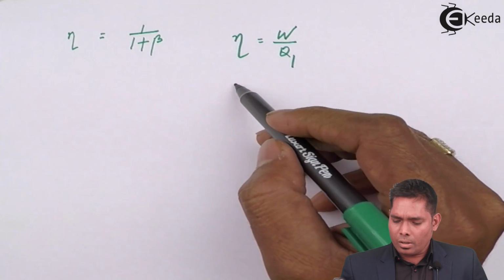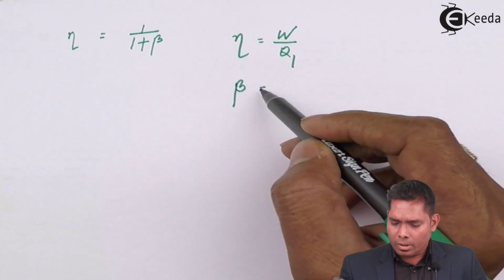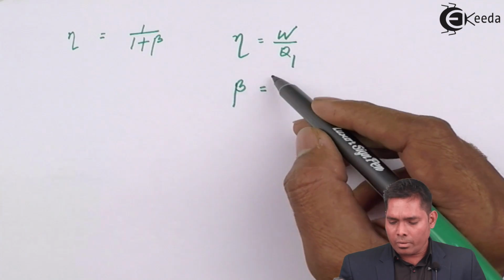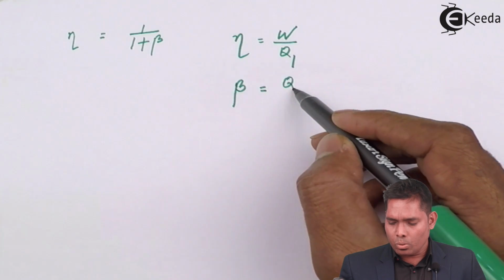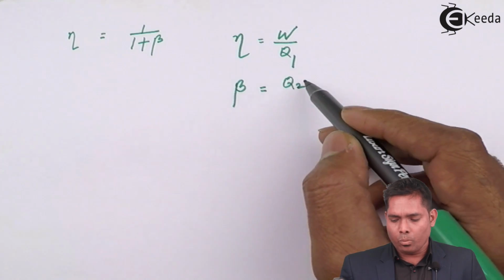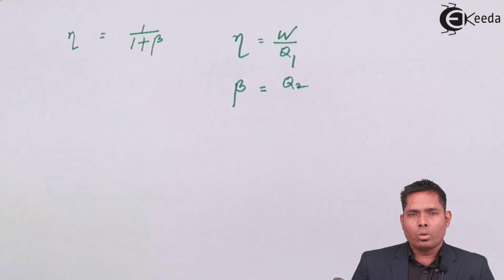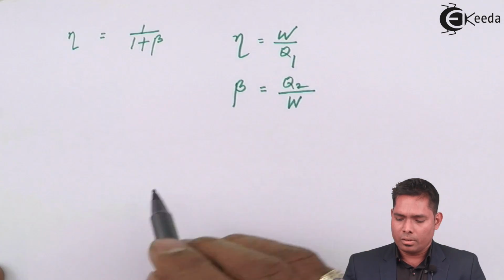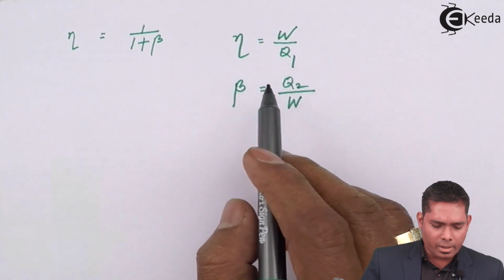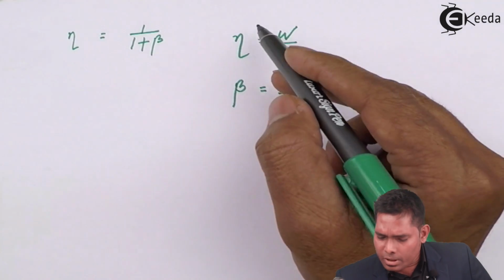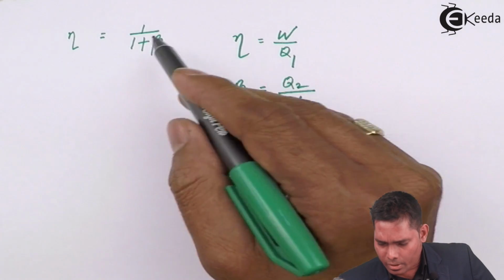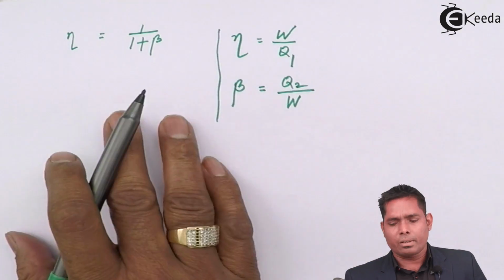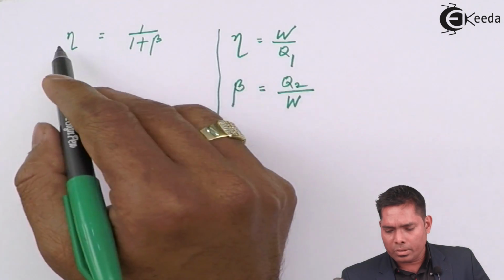And in the case of a refrigerator, what is our aim? It is Q2. More and more heat you want to remove from the cold body, and the input is the work done. So this is how they are related. That we'll do separately. This is the formula that is used. First let me solve this, then we'll see how this is obtained.